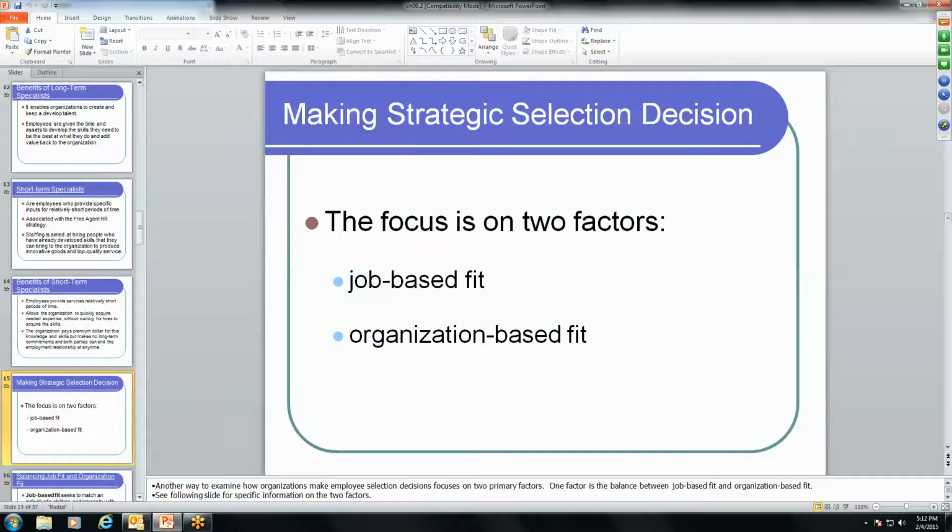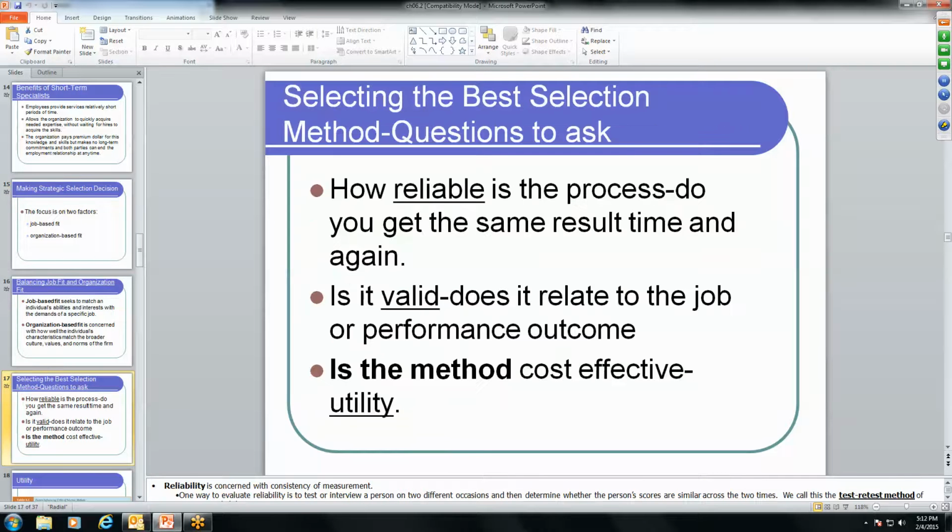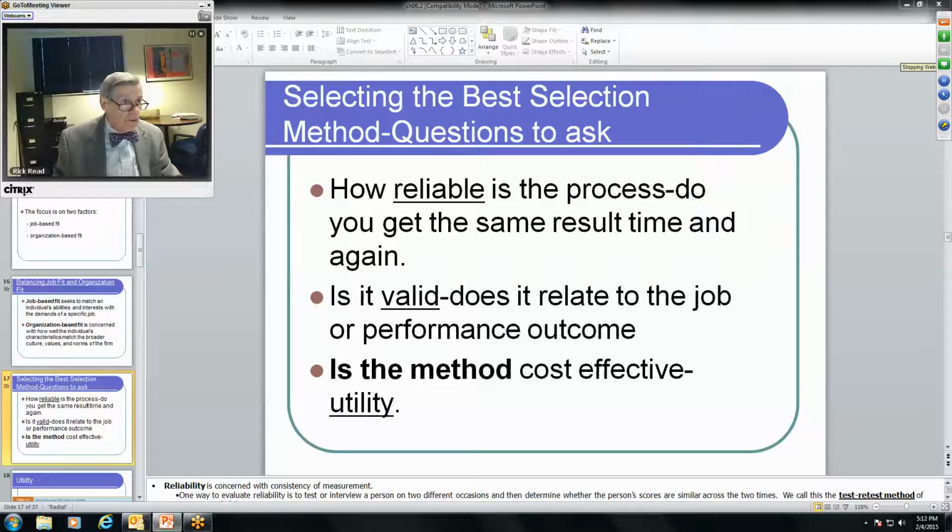So let's look at just a little bit here on the interviews. One of the things we have to ask, and is always asked, is the interview both reliable and valid? In other words, reliable meaning will it give us consistent results time after time, and valid meaning does it measure what it's supposed to measure?